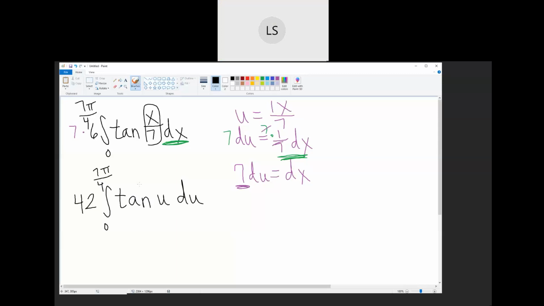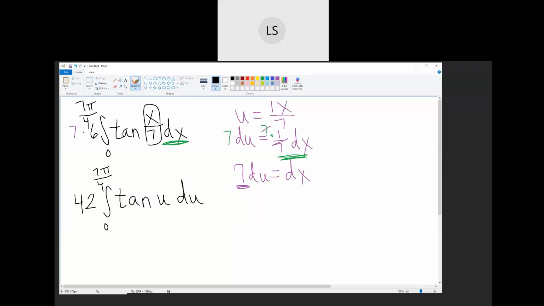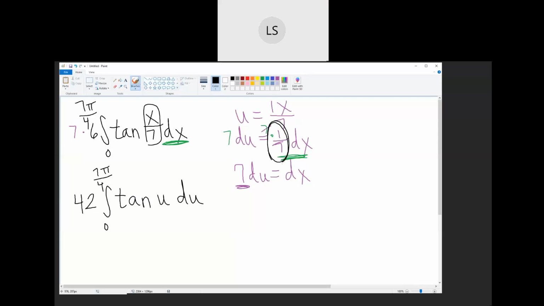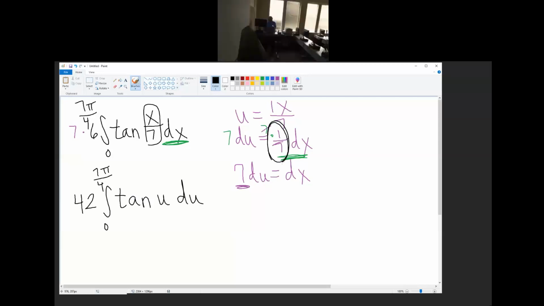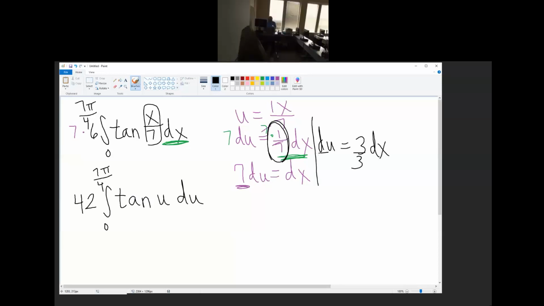You're either multiplying by the reciprocal of whatever number is here that you're trying to get rid of. If it had been, say, for instance, 3dx, then you would just divide by 3 to get dx by itself. Yes, sir. Okay.